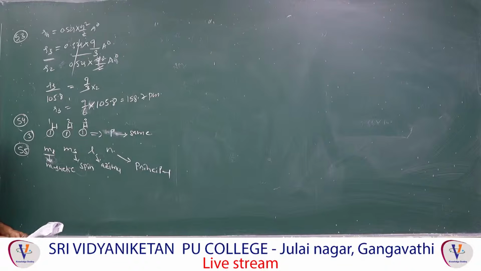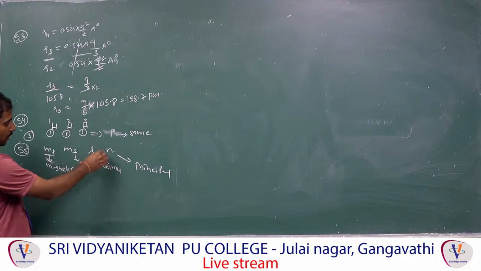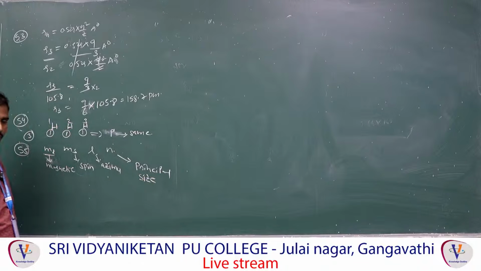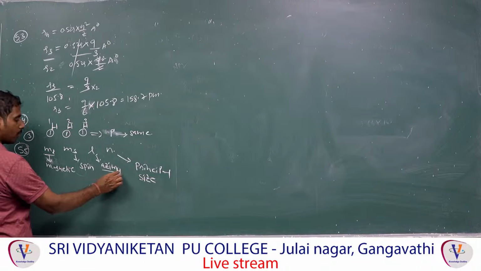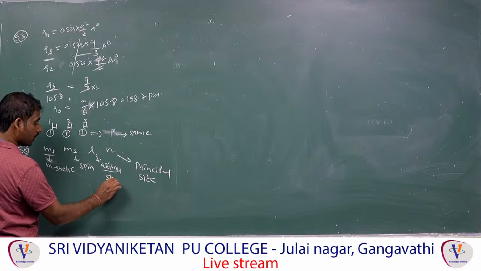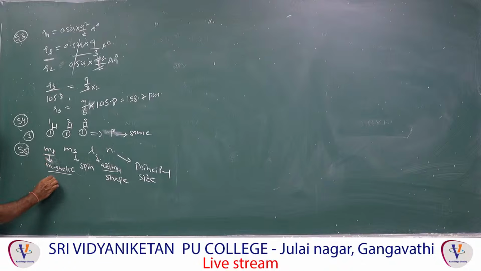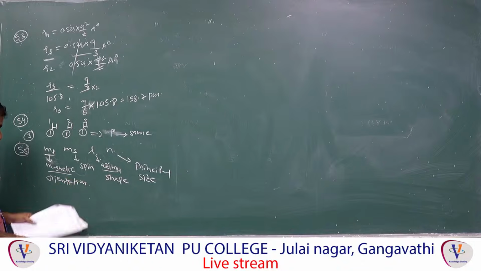They are asking about significance, which I already told you. The principal quantum number's significance is the size and energy of the orbital. The azimuthal quantum number's significance is the shape of the orbital. The magnetic quantum number's significance is the orientation of the orbital.